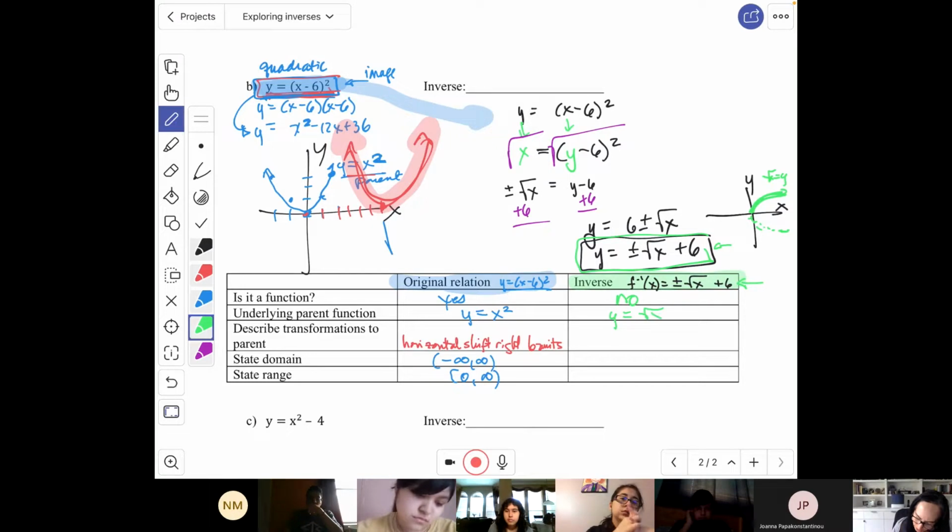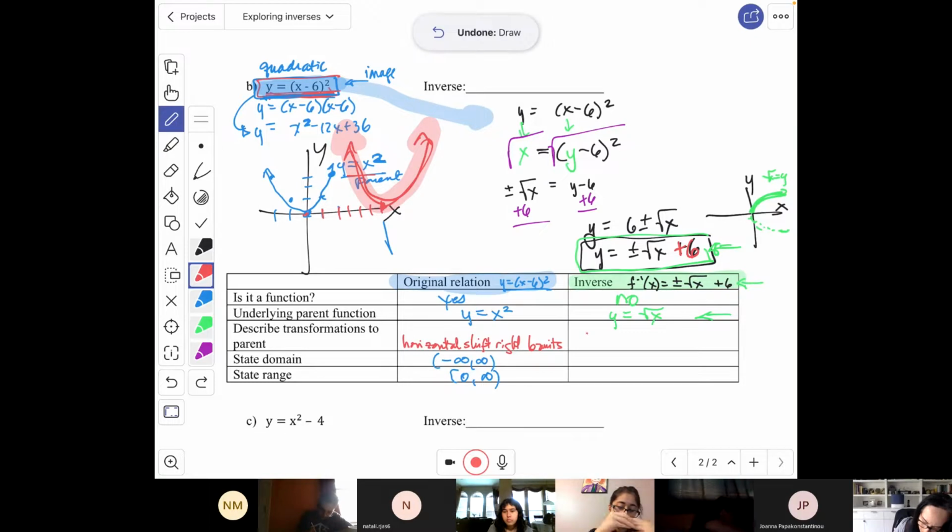Y equals the square root of x is the underlying parent. Now, what have I done to this parent to get this image? Describe the transformations. So, for example, what does this plus 6 do? A vertical shift up 6 units. I'm just going to abbreviate and go up 6.